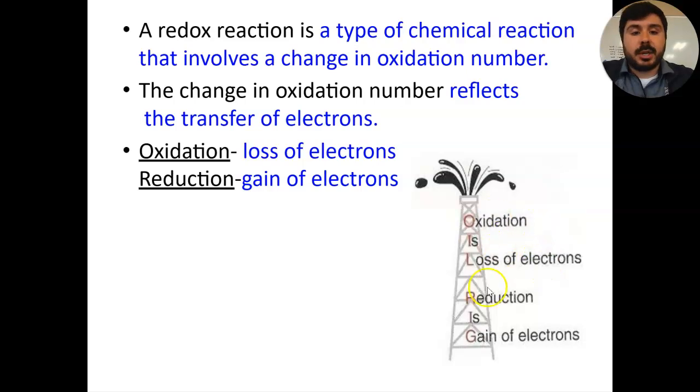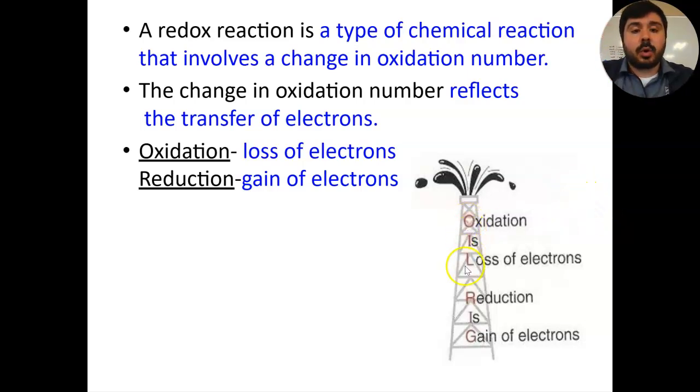I've got this little image here to help you remember it, thinking of all the different acronyms and images and phrases I've shown you to help you remember things. Right here, we've got the phrase OIL RIG. It helps you remember the definitions for oxidation and reduction in terms of what's happening to the electrons.